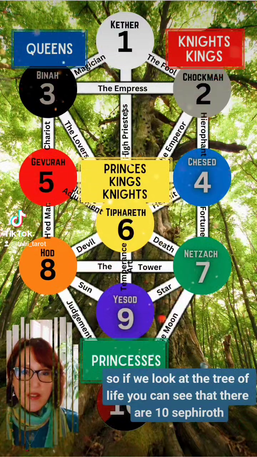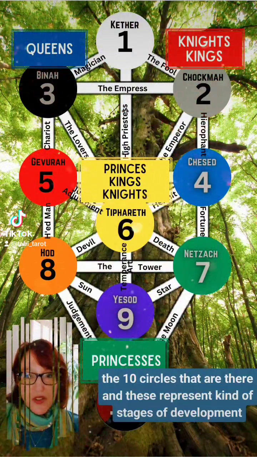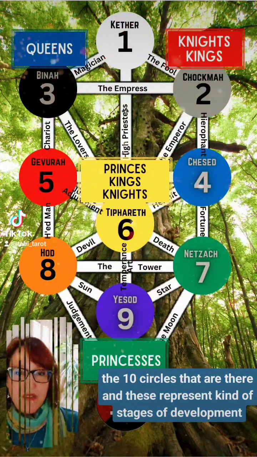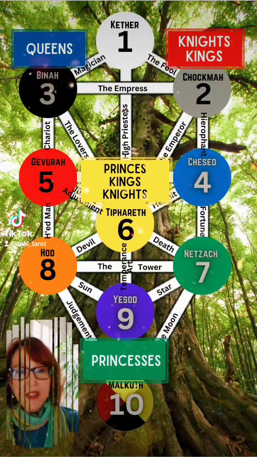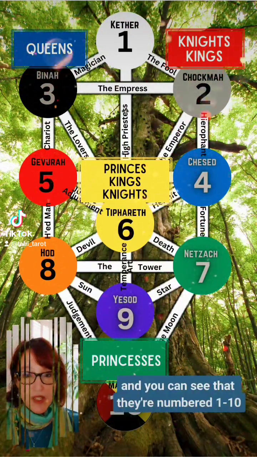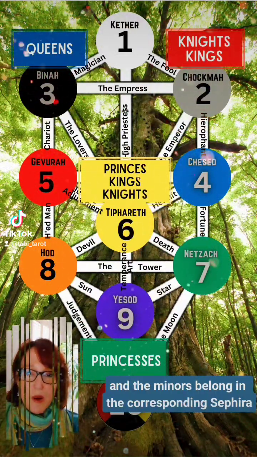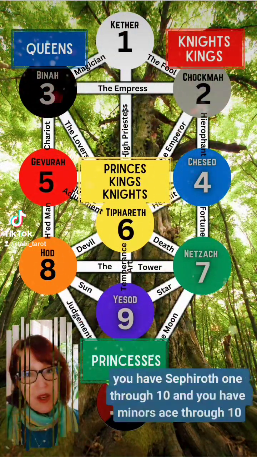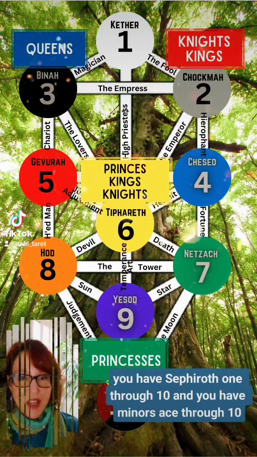If we look at the Tree of Life, you can see that there are 10 Sephiroth, the 10 circles, and these represent stages of development, I think is probably the best way to put it in terms of tarot. They're numbered from 1 to 10, and the minors belong in the corresponding Sephiroth. So this is really simple to remember. You have Sephiroth 1 through 10, and you have minors, Ace through 10.